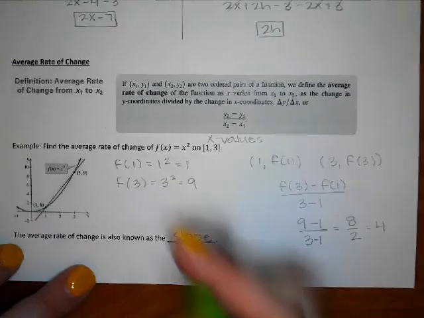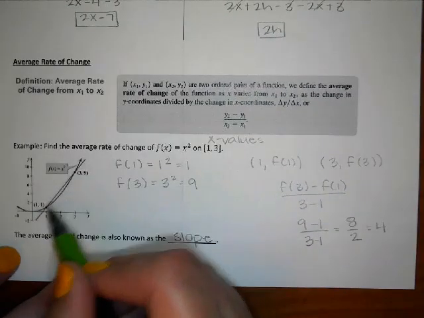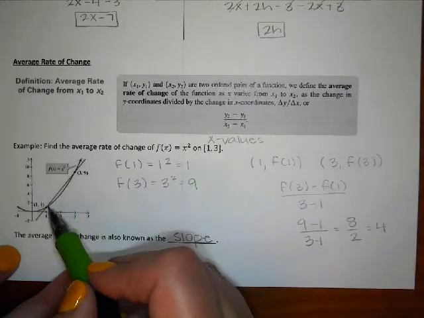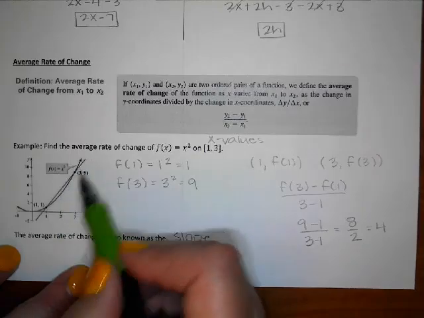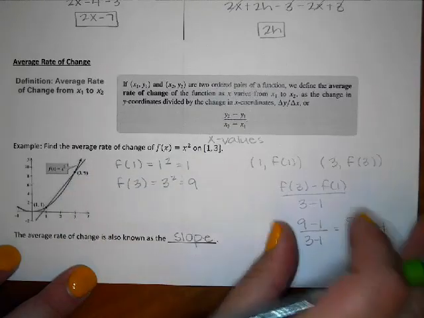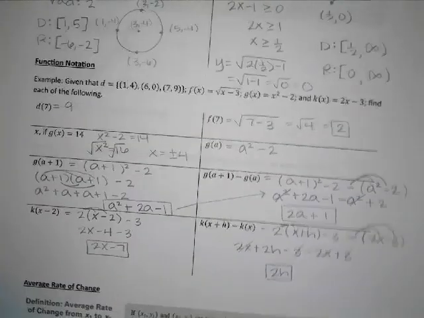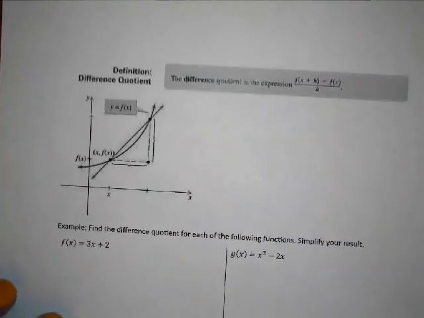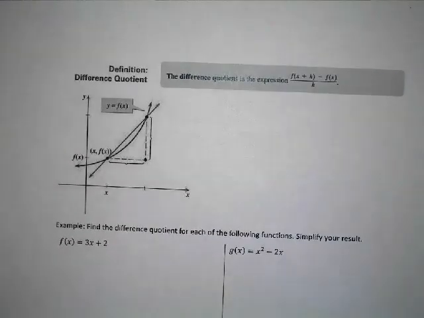So the average rate of change between these 2 points is 4, or the approximate slope of that curve would be 4. Now, the way that we use this in pre-calculus is this way with the difference quotient, and I'm going to show you how we find that.